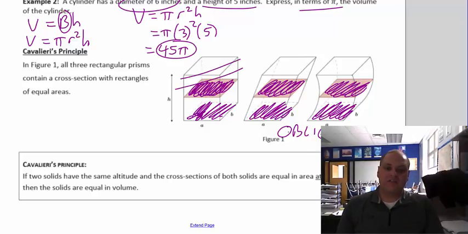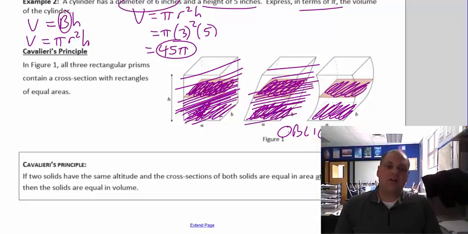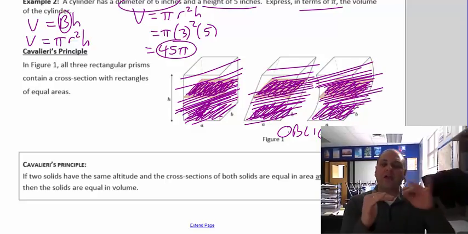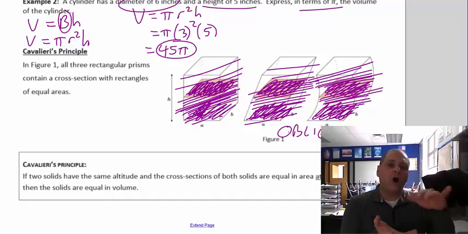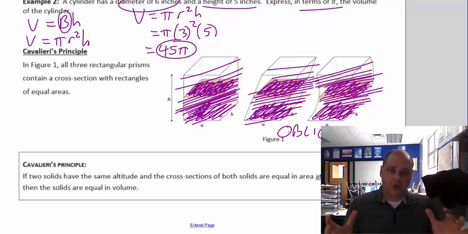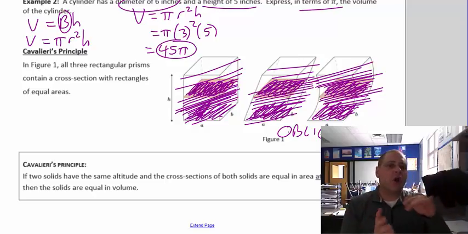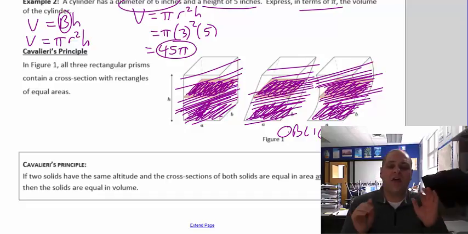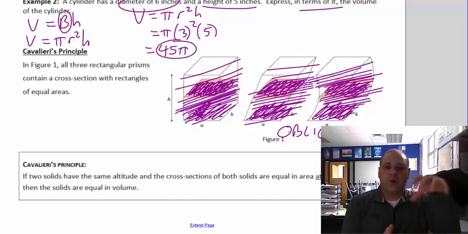All these slices, any slice you make, you do the area of that cross section. If all those areas are equal, it's got to be every cross section, then the solids will all have the same volume. It doesn't matter if it's leaned over or not.